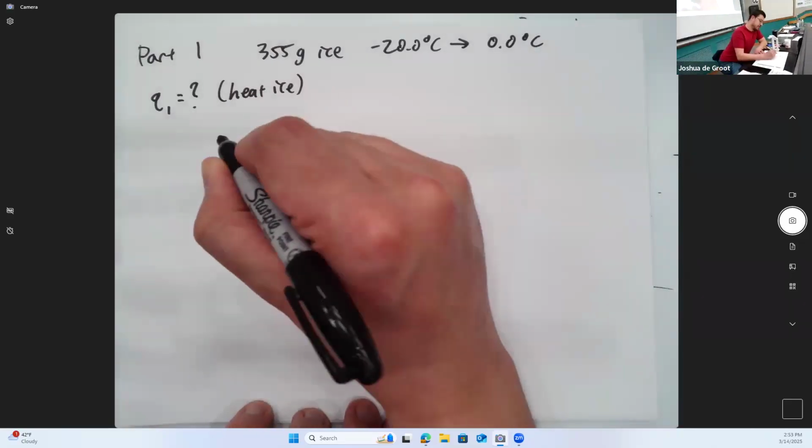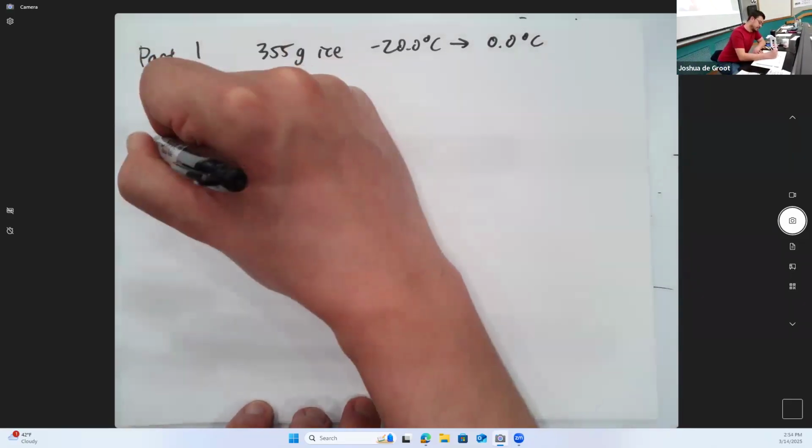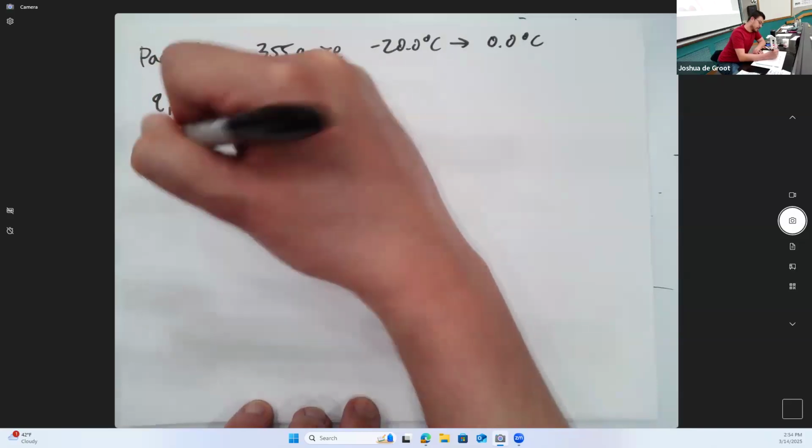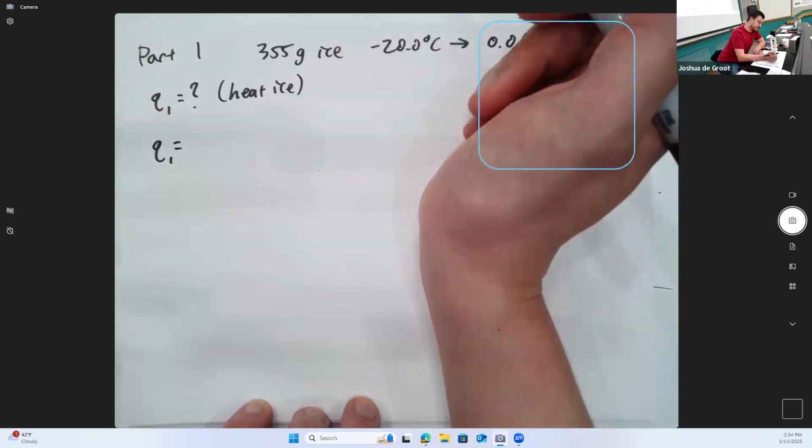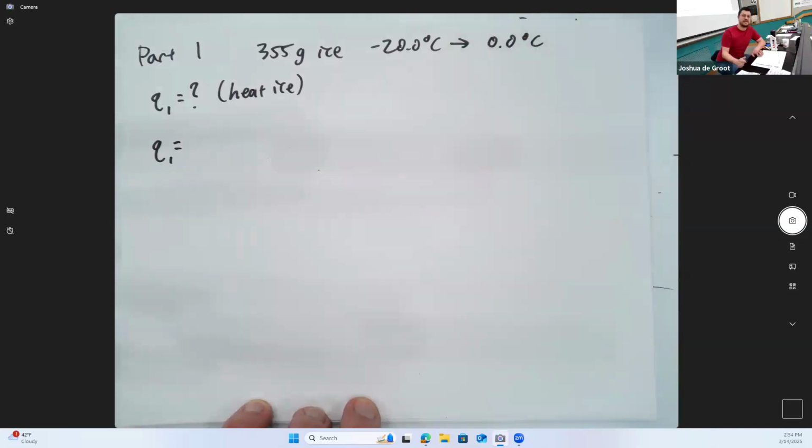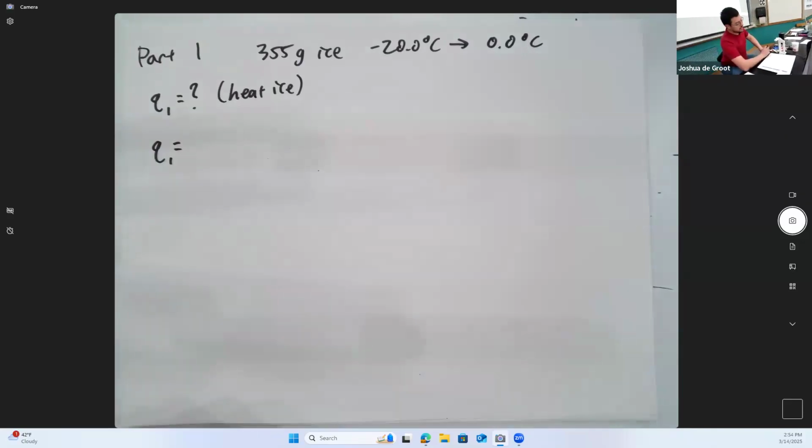All right, so for Q1, before I just give the answer, I want you to think about which equation we need. For heating ice, do we need Q equals MC delta T? Do we need Q equals NH? Which one? Think about it for a moment. Are we doing a temperature change?